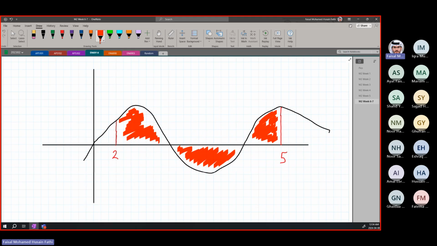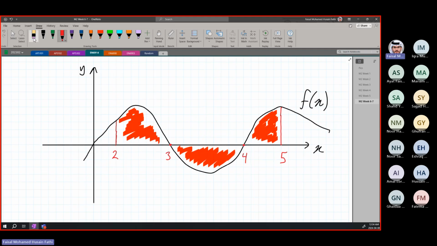This is my shaded part, okay? Let's give this function a name, let's call it f of x for now, to explain the concept. This is our y, this is our x. So we have 2 to 5. And then let's say this is 3 and this point is 4.